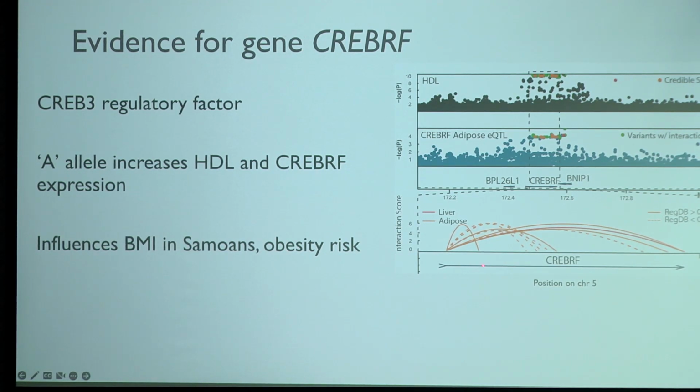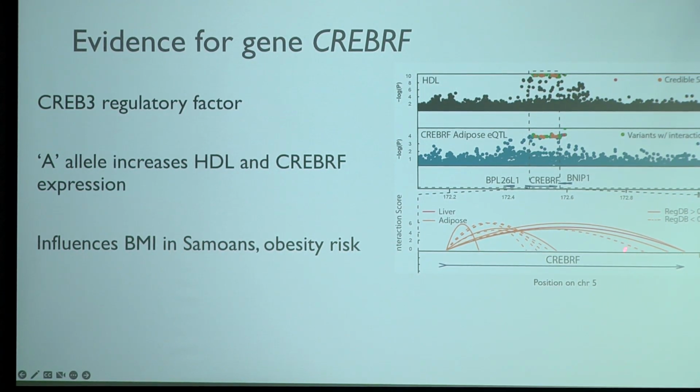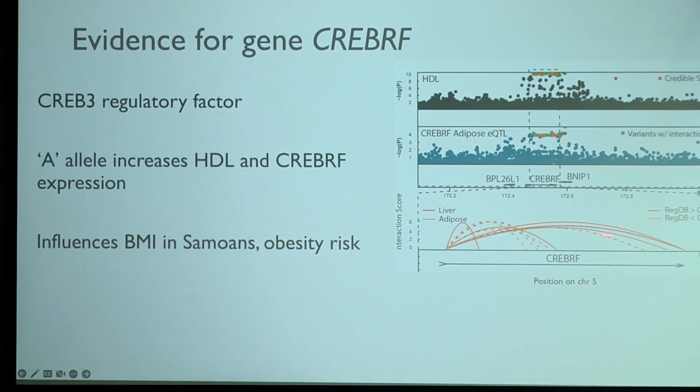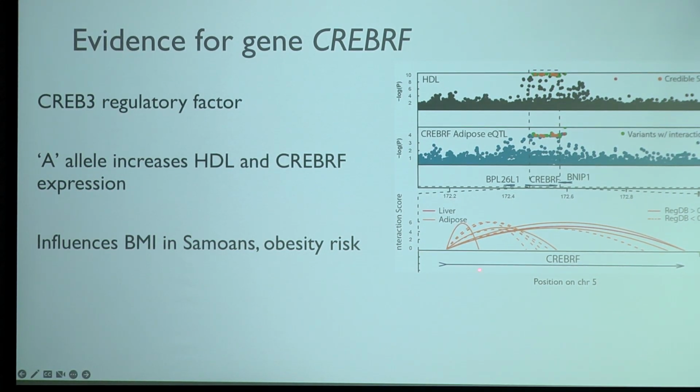And what we see here is a lot going on, but what you are actually seeing is a zoomed in version of the top two panels, where we see a physical interaction in adipose and the liver actually between a variant in that credible set and the promoter of the gene.